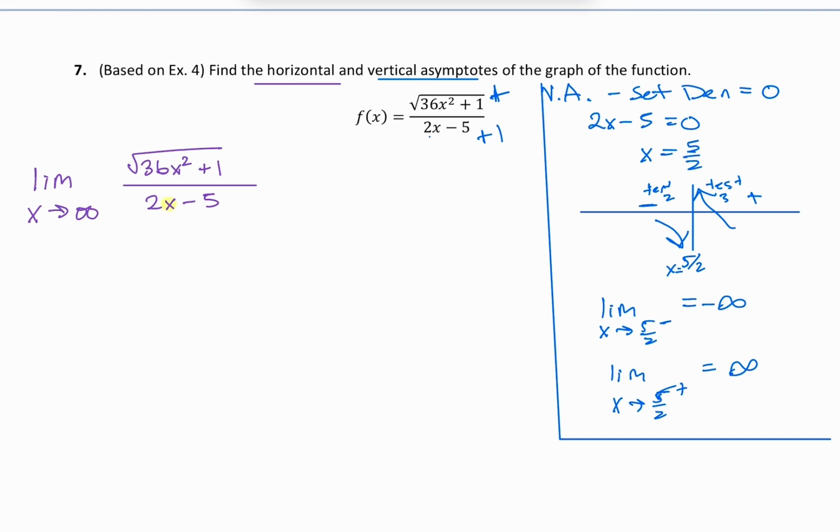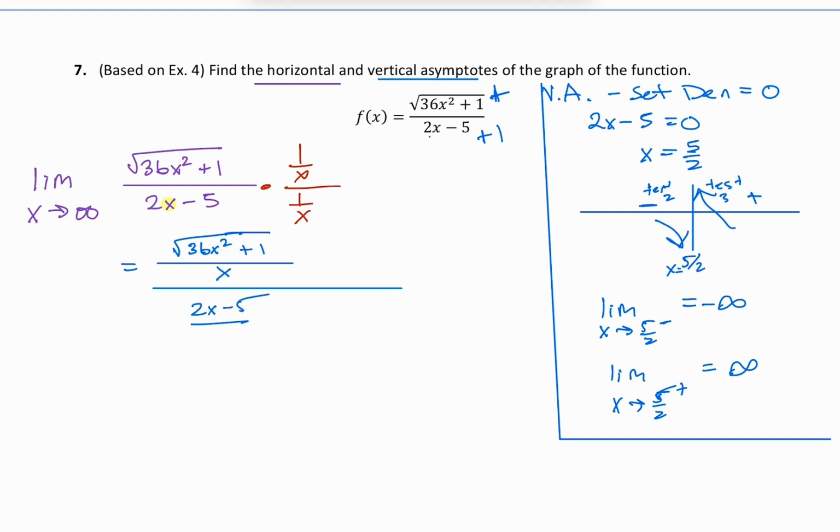So that is just x. That is the same thing as multiplying by 1 over x for the numerator and denominator. And that gives me my numerator, and then for the denominator, I have 2x minus 5 over x.